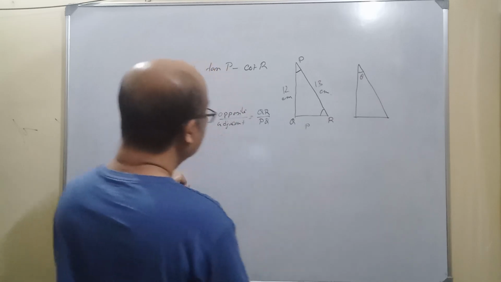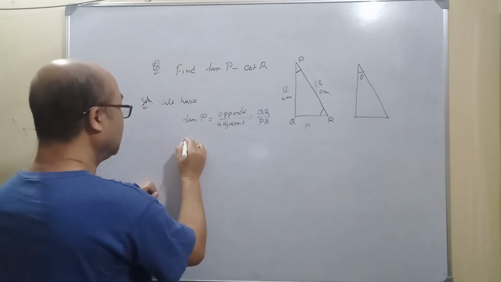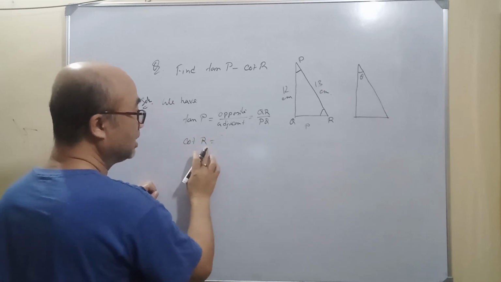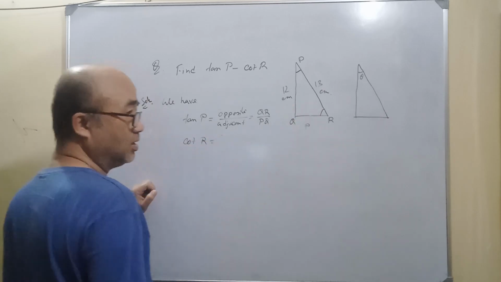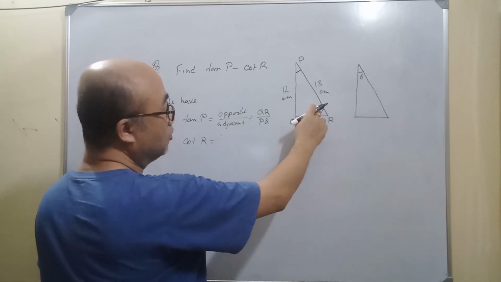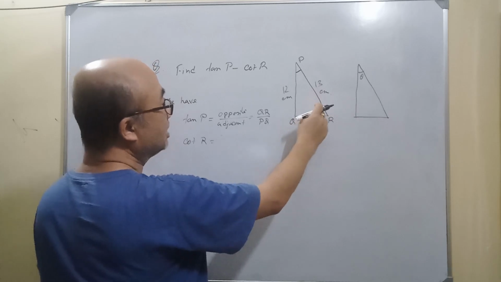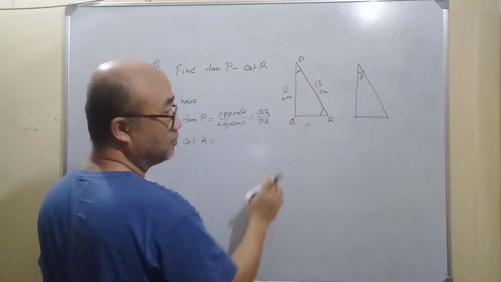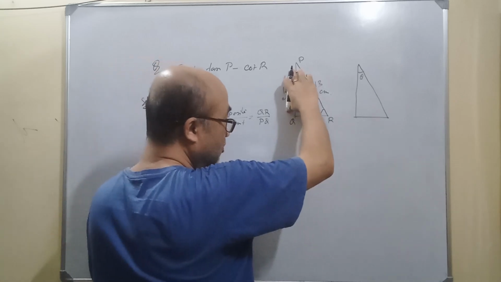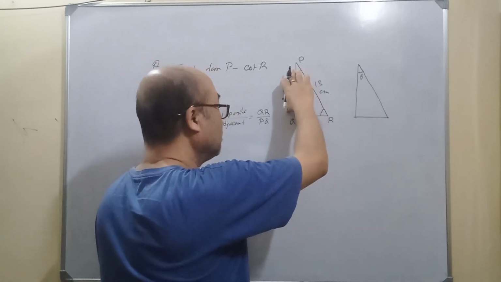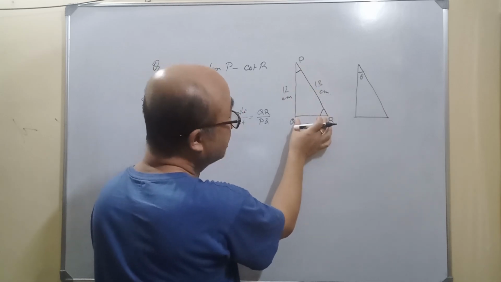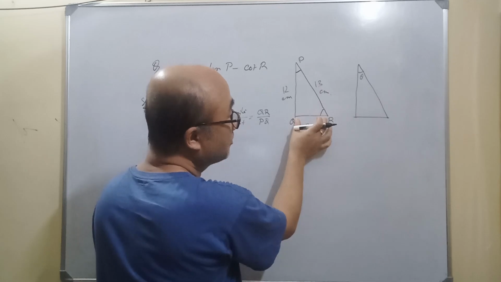Now if you take cot of R, the cotangent of angle R, we are talking about this angle. What is opposite to this angle? Which side? PQ. So the opposite side, or perpendicular, is PQ, and this side is the adjacent, or base, right?